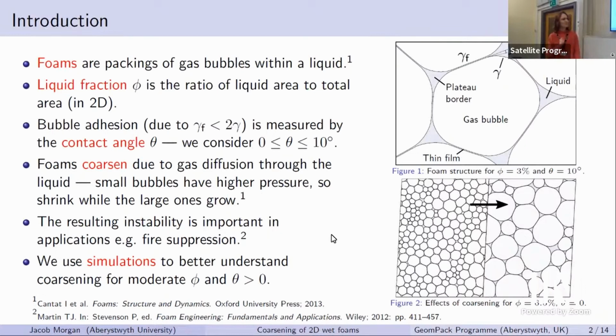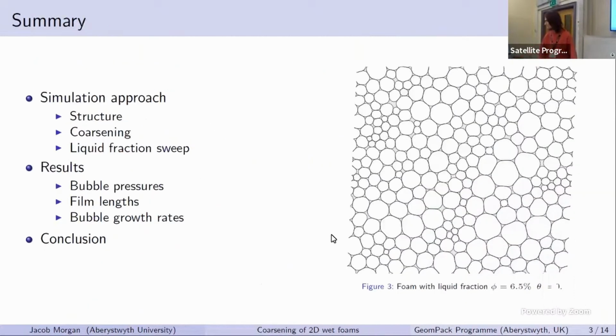Foams obviously have a lot of applications, carrying things, pushing things, clinging to things, and all of those, I dare say, are reduced by having larger bubbles, because such things as the shear modulus are lower. And so we look at simulations of coarsening in the case of a wet foam.